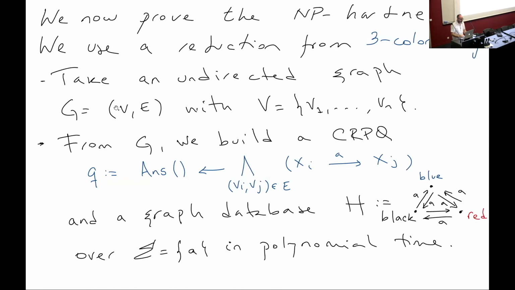The idea is that you encode the graph into the CRPQ. The CRPQ has exactly the same structure as your graph. Each time we have two nodes that belong to an edge, we put an edge label A from a variable representing one node to a variable representing the other. So you will have a lot of joins and a lot of structure in this query.